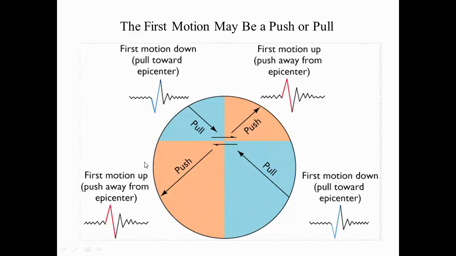And we have two solutions. The boundary going east-west can represent one fault plane. The boundary going north-south can represent a different fault plane. And the question is, which one of these two fault planes is the correct solution?